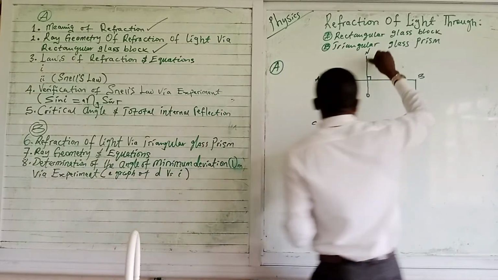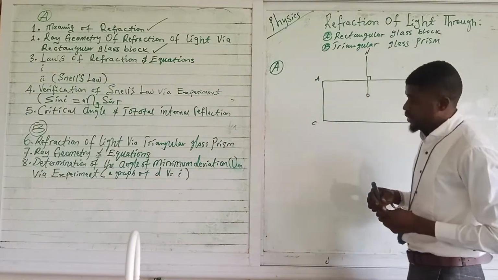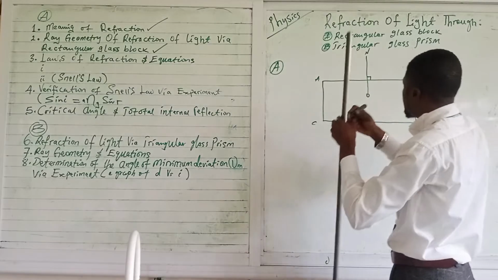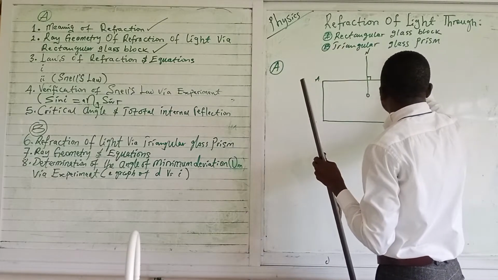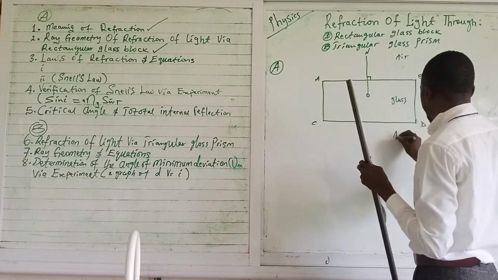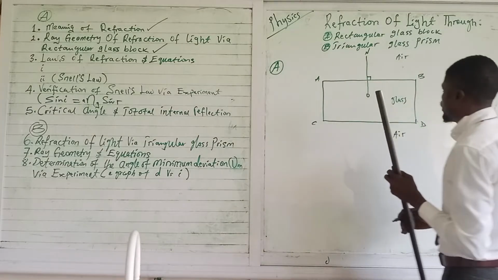Now, I want to correct something. A ray of light will be coming, this is the air media, and this is the glass media, and then this is also the air media.